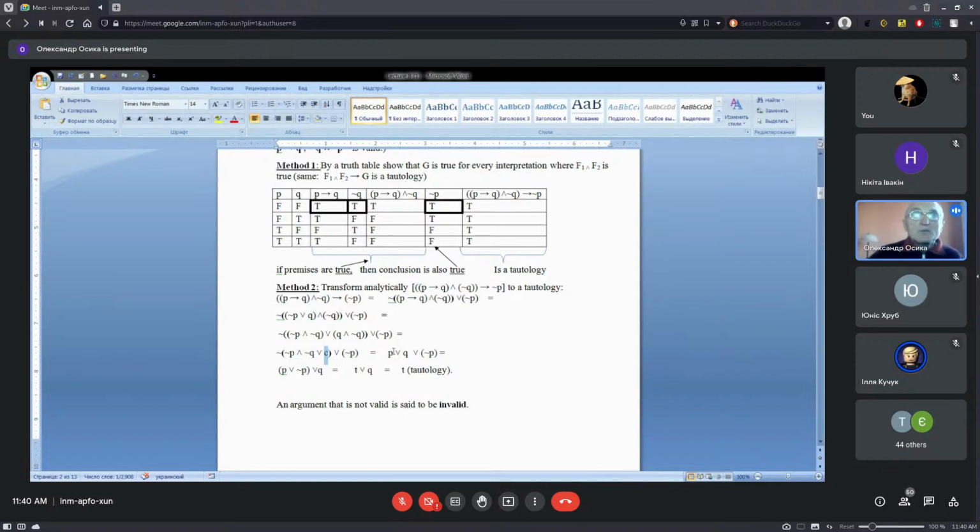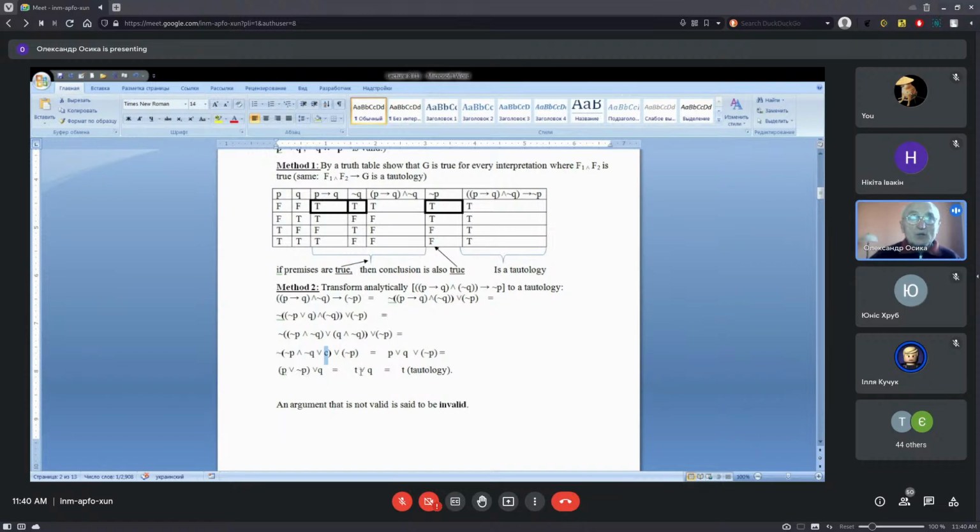It becomes P or Q, by De Morgan laws. Or not P. Not P I left. After that, I combine not P and P. Of course, it is a tautology.